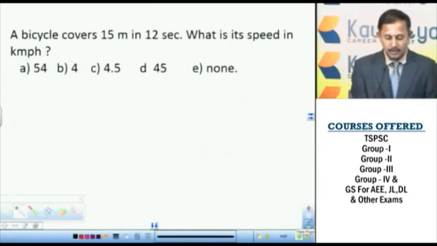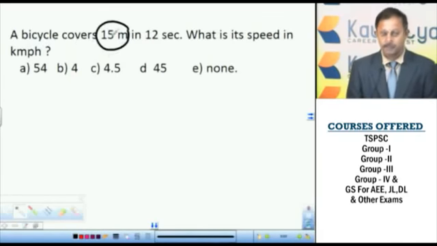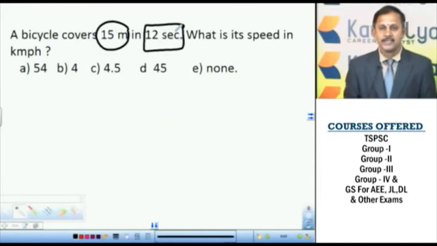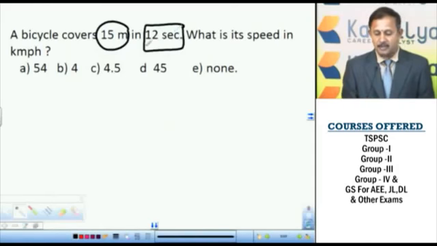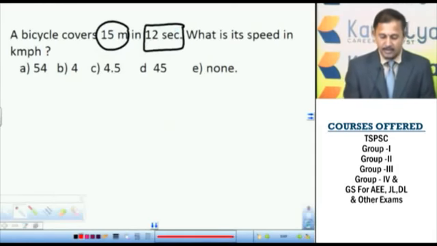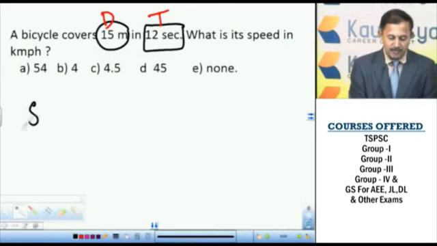Next one, a bicycle can cover 15 meters in 12 seconds. Here the distance is 15 meters and the time period is 12 seconds. The formula for speed of the vehicle is distance by time.